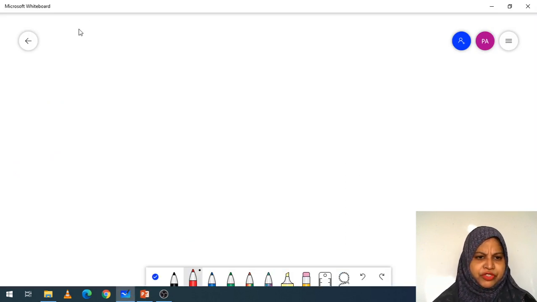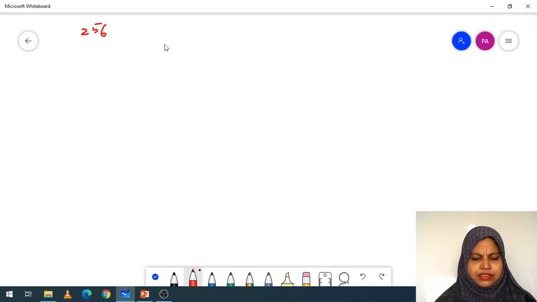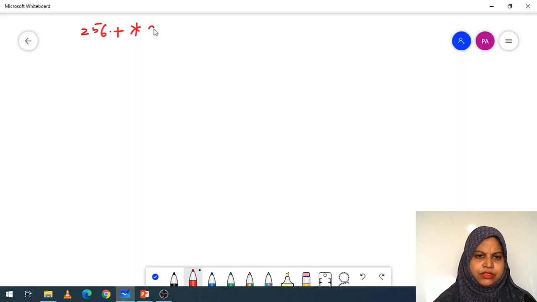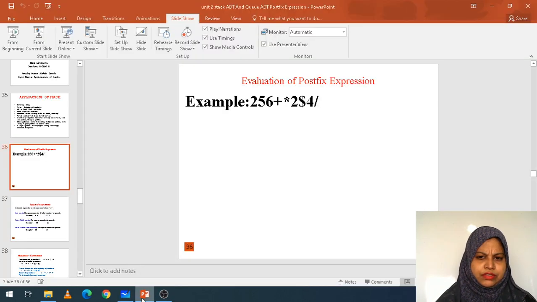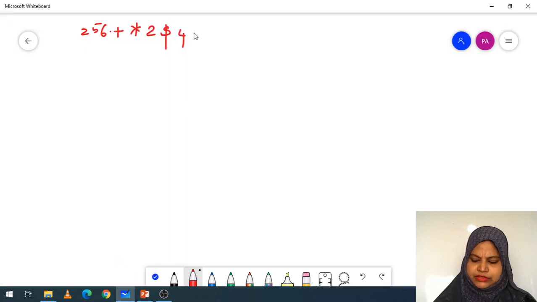Here, evaluation of postfix expression is an application of stack. 2 5 6 + * 2 $ 4 / is my postfix expression. Now I am going to evaluate this postfix expression, right.